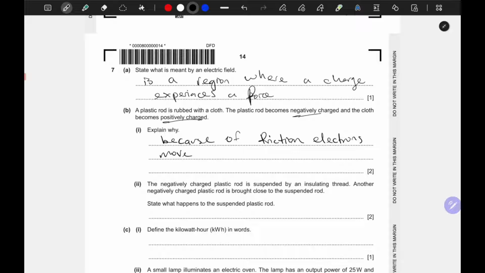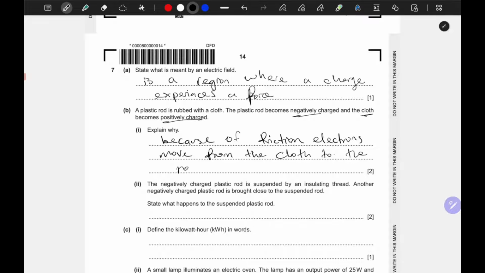Electrons move from the cloth into the rod, that means the cloth has fewer electrons, so it has more positive particles, so it's positively charged.